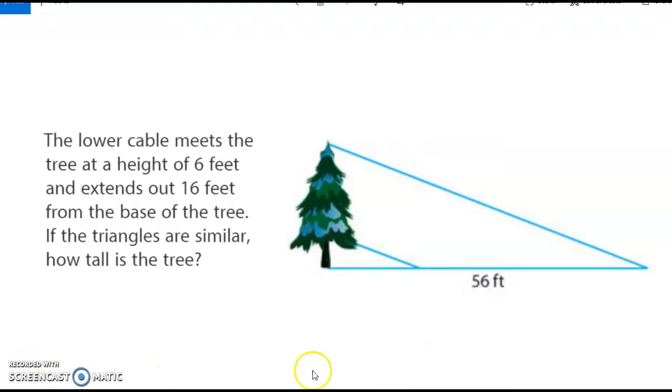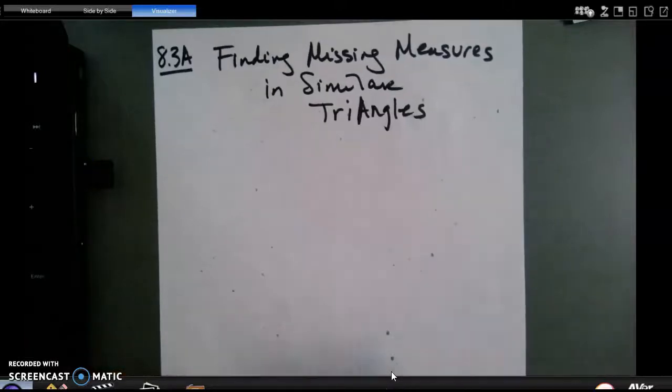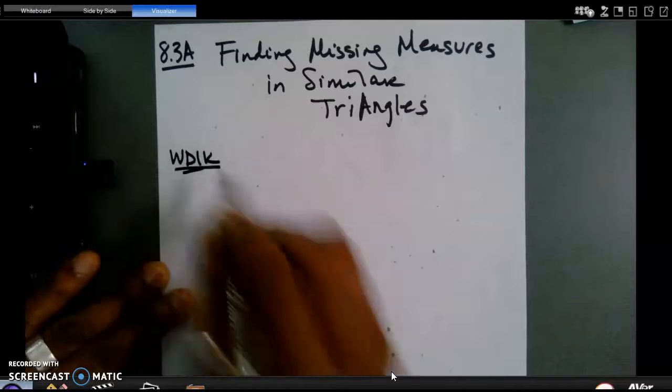So at this point I want to go ahead and switch over to my drawings page. First things first, what are some things that I know from the problem?